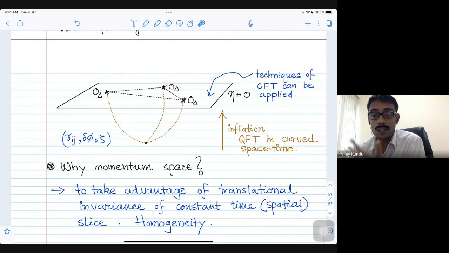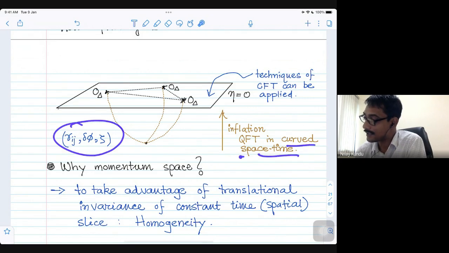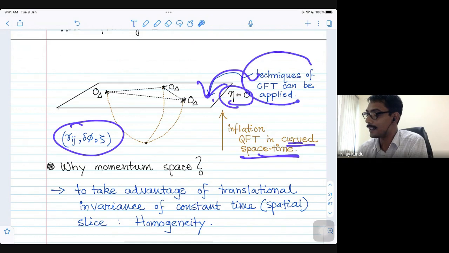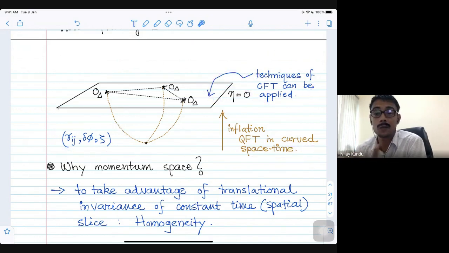So there are two descriptions available: a quantum field theory in curved spacetime, or de Sitter, and on its late time slice I can use techniques of conformal field theory to figure out the correlation functions. As you know very well, in conformal field theory 2-point and 3-point functions are completely fixed, and the 4-point function is fixed up to some cross ratios.